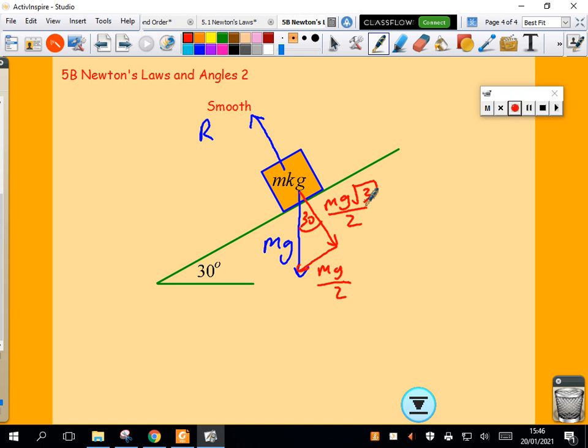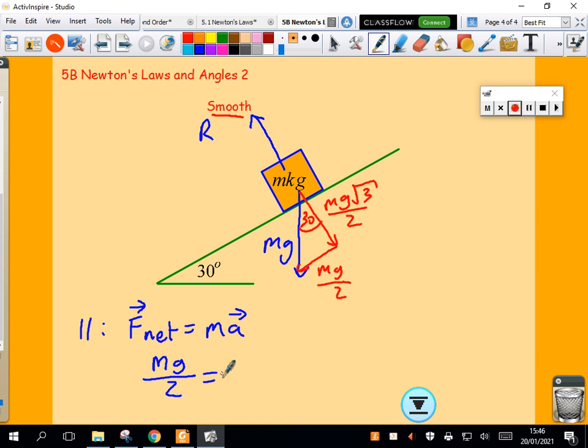Okay, I can look at the perpendicular forces. It's smooth though, so I'm not even going to bother in this case. I'm just going to skip straight to the parallel forces. Remember, we said F net is equal to ma. Parallel to the plane, the only force parallel to the plane is this mg over 2. So I'm getting mg over 2 as my net force parallel to the plane.